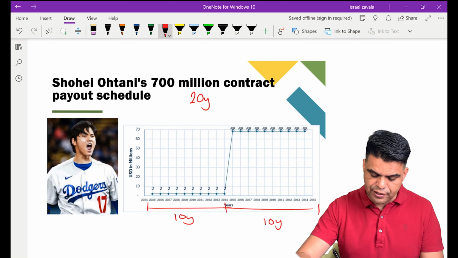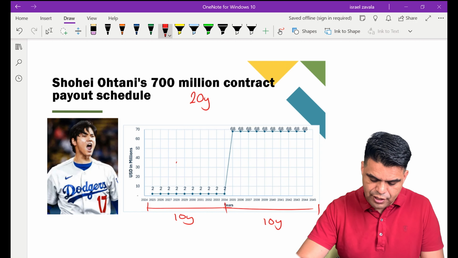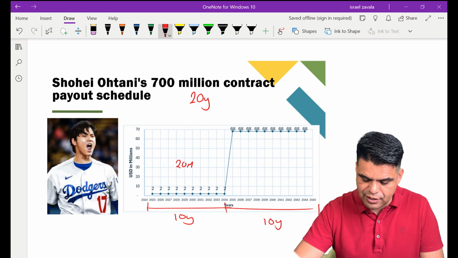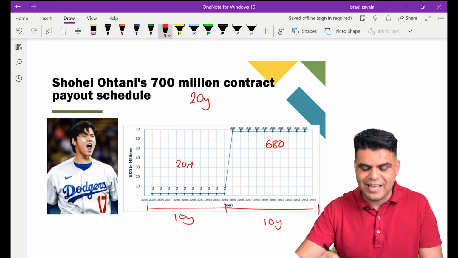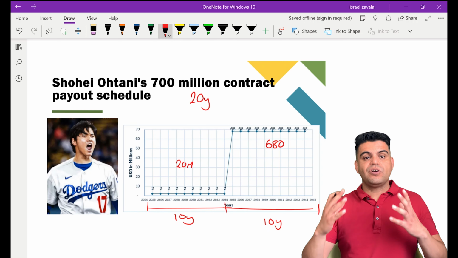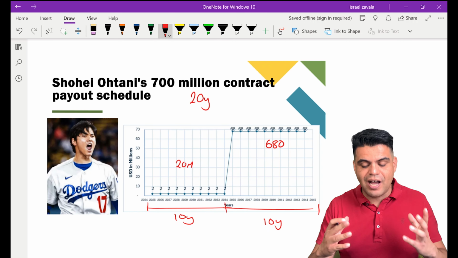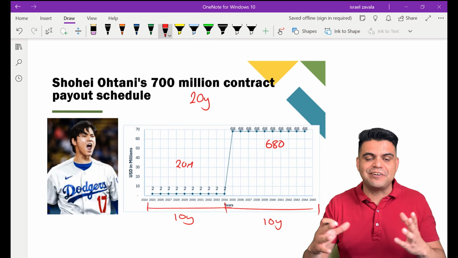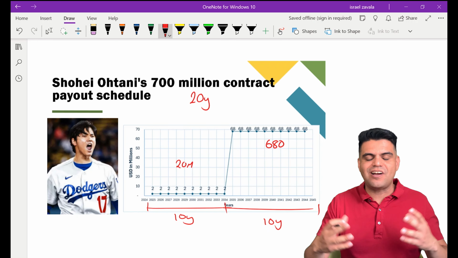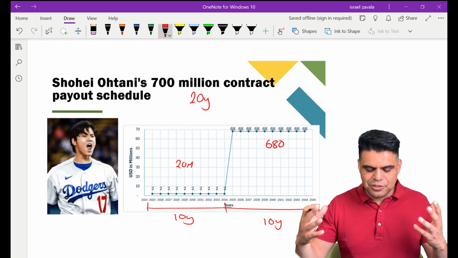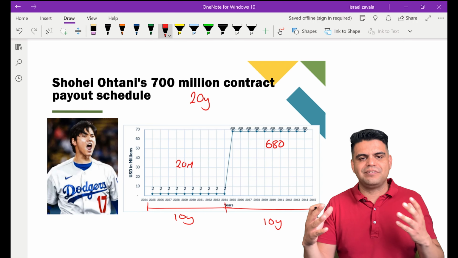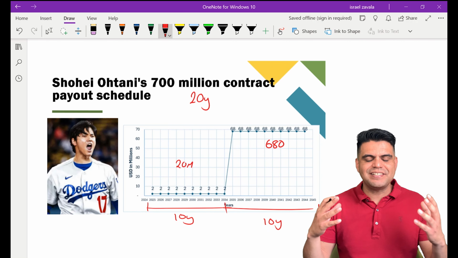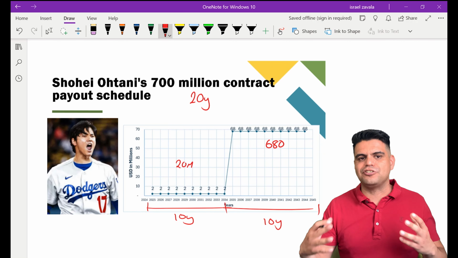So the first 10 years, he's getting $2 million a year, $20 million total, and then $68 million a year, $680 million total, right? So if I was his financial advisor, I would have to be supremely confident that the Dodgers are going to be around for 20 years, right? But given the fact that he's this megastar, he's building the value of the Dodgers, they're going to keep winning, and therefore, if they keep winning, they become a dynasty, and then the value of the Dodgers increases and increases.